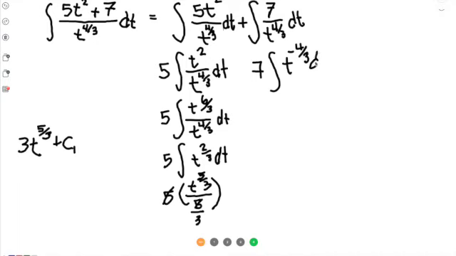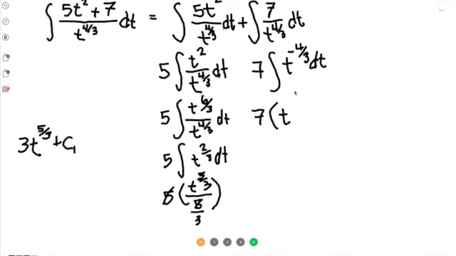Alright, so this one we can perform the power formula here. So we have 7 multiplied by t to the negative 4/3 plus 1, which is 3/3. So that's negative 4 plus 3.